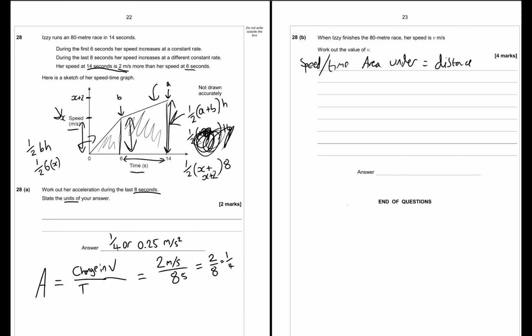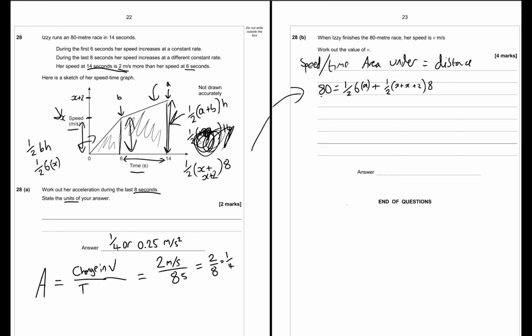Okay, so let's work out the whole area. Let's bring it to the other side over here. We know that this is equal to the distance, and the whole race was 80 meters. So 80 is going to be equal to the triangle we worked out plus the trapezium, which is half 6x plus the trapezium, which was half x plus 2 times 8.